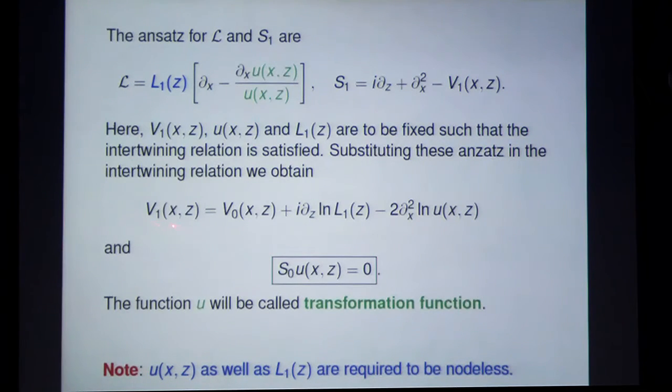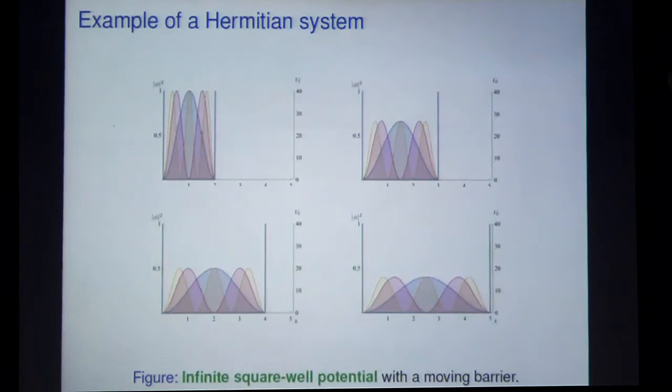We could ask this potential to be real. So let me open a parenthesis here to work in a Hermitian system. And the Hermitian system is this one. We have a particle in a box. The green line is my potential. And here we have three eigenfunctions.